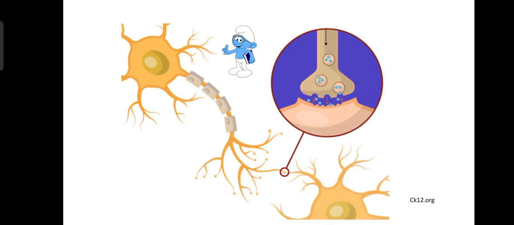So, dear Smurfs, here is a type of synapse between a neuron and another neuron. It's an area of communication between two neurons.